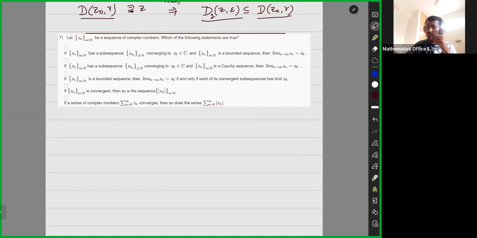Okay, so question number 7 is about sequences of complex numbers. We are overall 6-7 people. I would like to ask if option one is correct or not, and ask for some explanation. If you know, you can answer it. Otherwise, I will explain, of course.